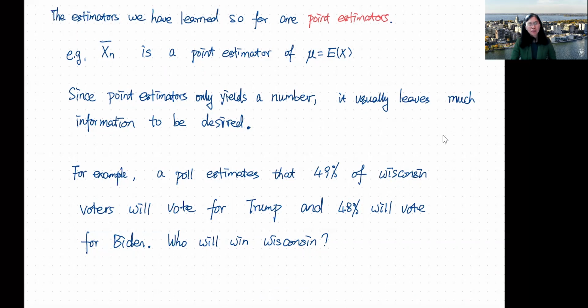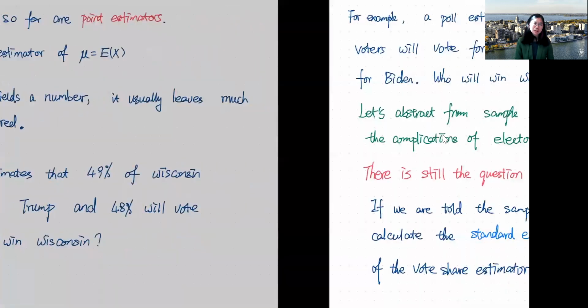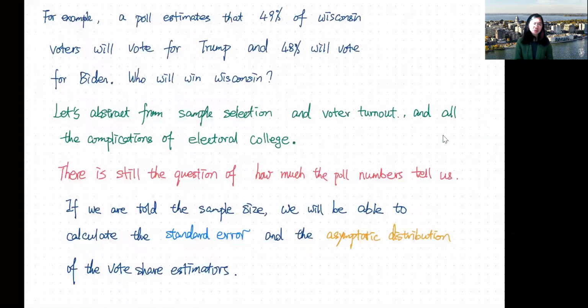For example, a political poll estimates that 49% of Wisconsin voters will vote for Trump and 48% will vote for Biden. And the question that you really want to answer is who will win Wisconsin? Let's suppose that the poll included a random sample, an IID sample of the Wisconsin voter population.